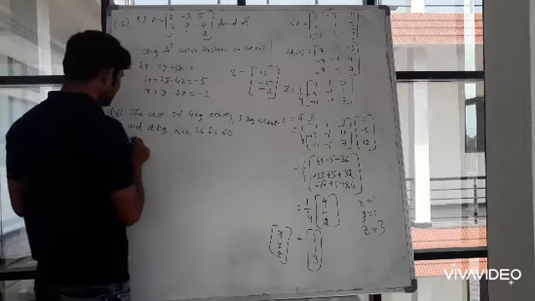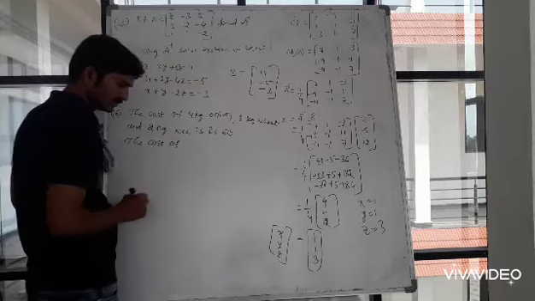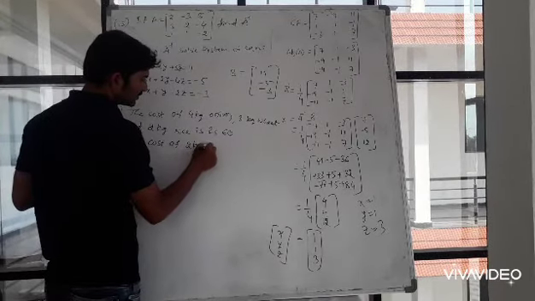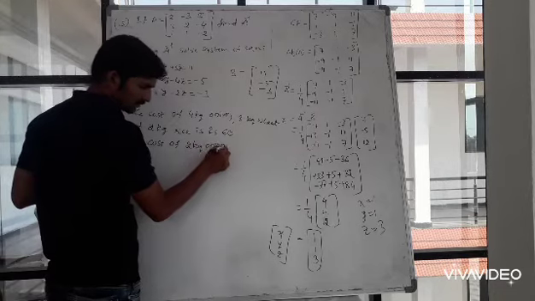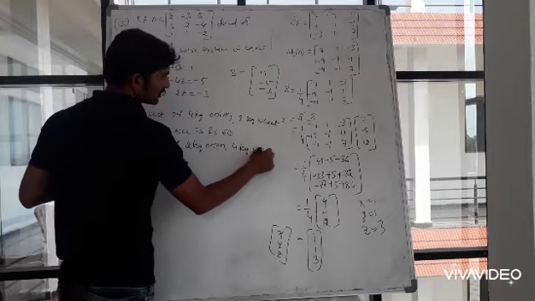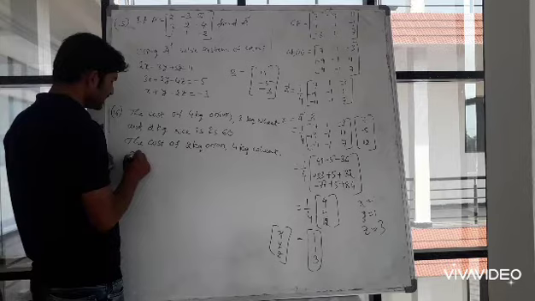The cost of 2 kg onion, 4 kg wheat and 6 kg rice.